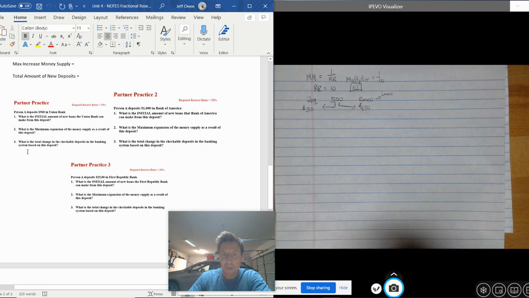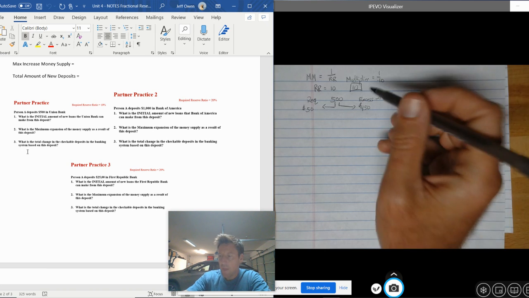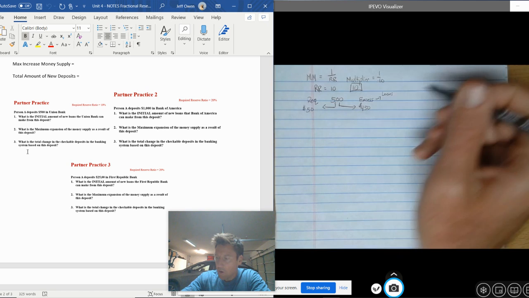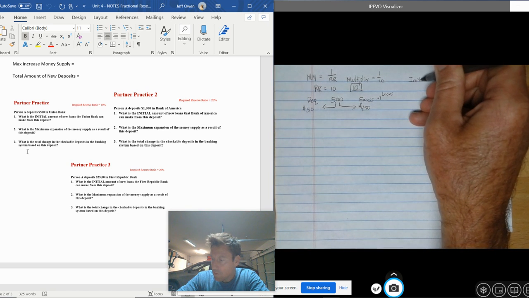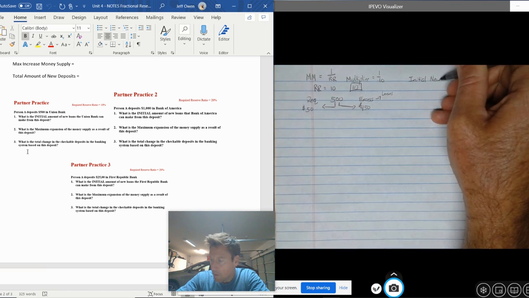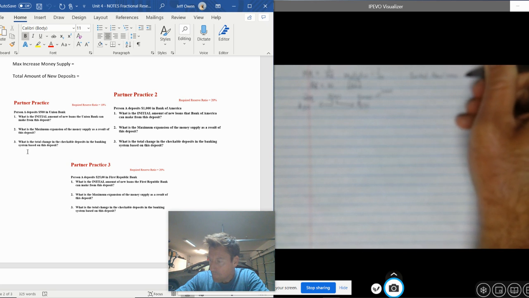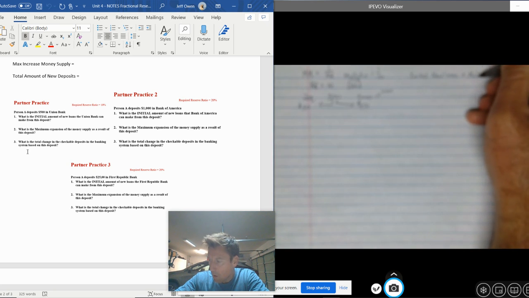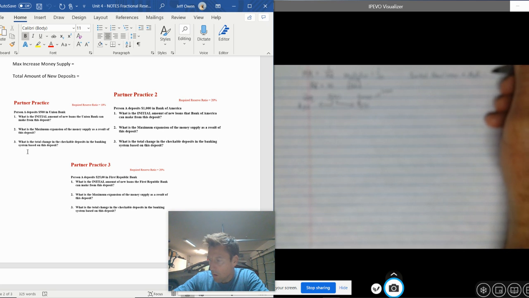Okay, now that they're talking about a maximum expansion of the money supply or a maximum change in the money supply, any one of those terms, anytime they use those types of terminology, they want to know what's going to happen. In that case, that's when we use our equation of initial new loans times our multiplier will equal our maximum expansion.